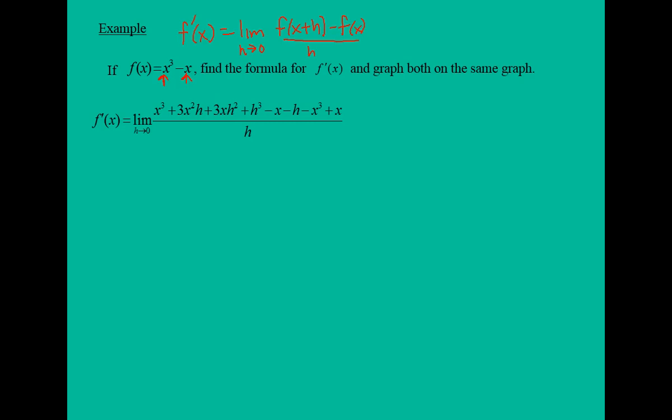And remember, we also have the minus f of x, and the negative was distributed to get negative x cubed plus x. So we've plugged in our x plus h, cubed it, minus our x plus h.